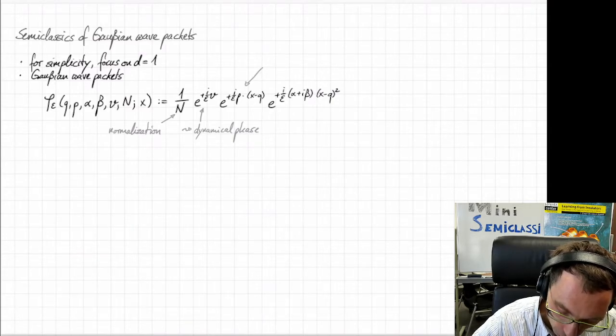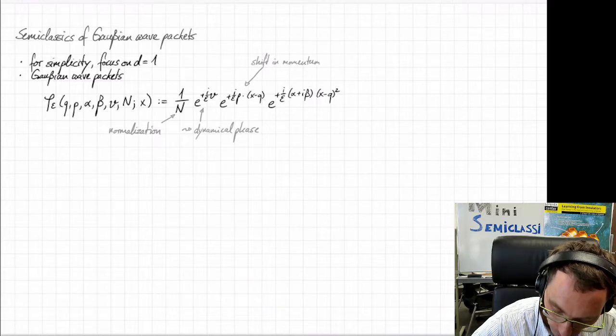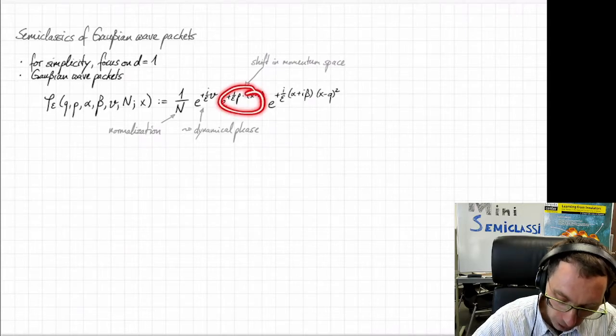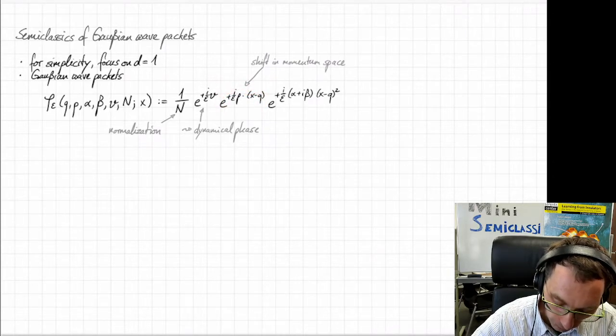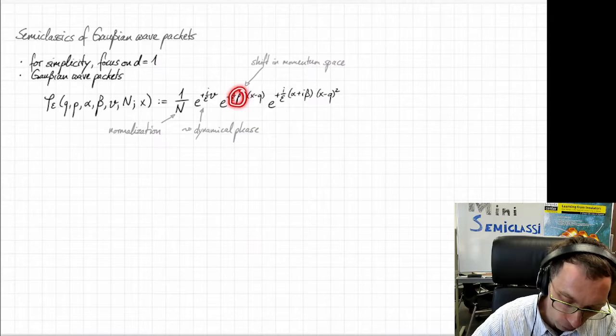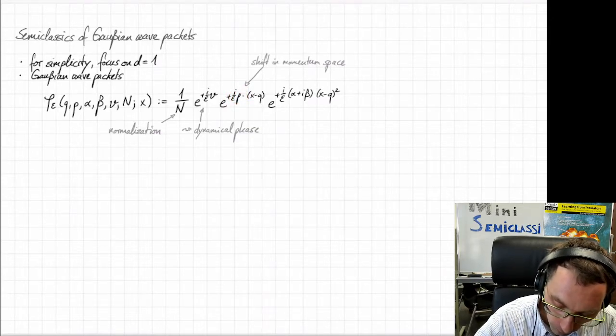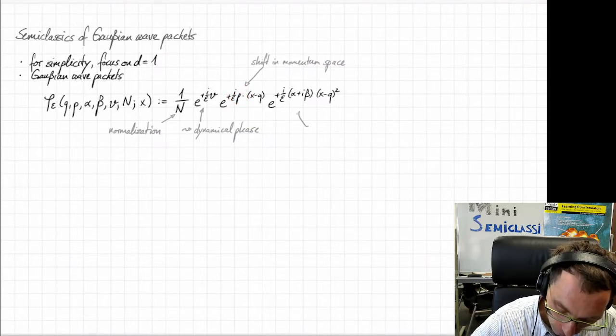This here is a shift in momentum space by p. So this prefactor here ensures that the Gaussian wave packet has average momentum p. And then I have the Gaussian itself.